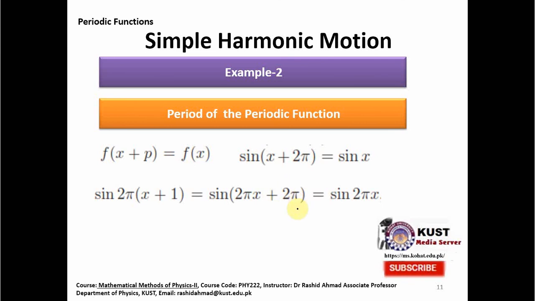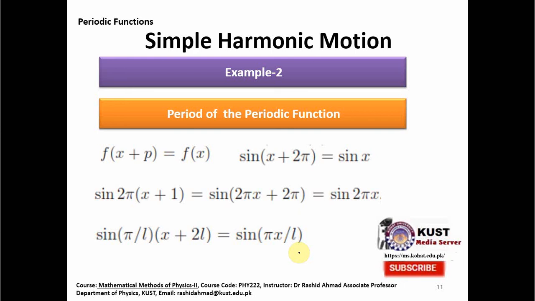You can see again that the period is 2 pi. And lastly, in this third example, the period is pi by l into 2l, so we get sine pi x by l back. These are all periodic functions, and they represent simple harmonic motion.